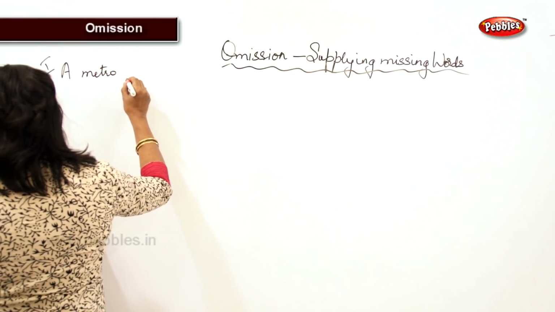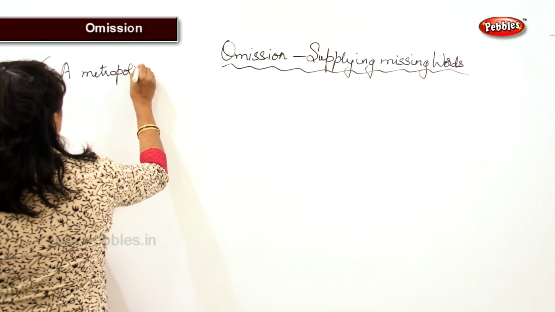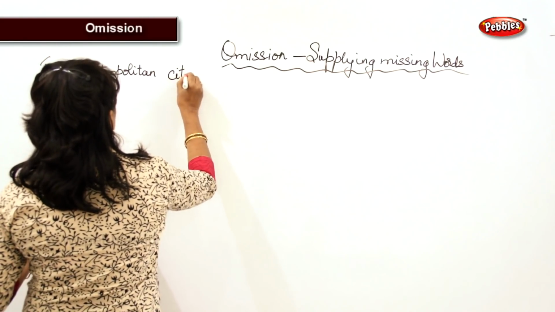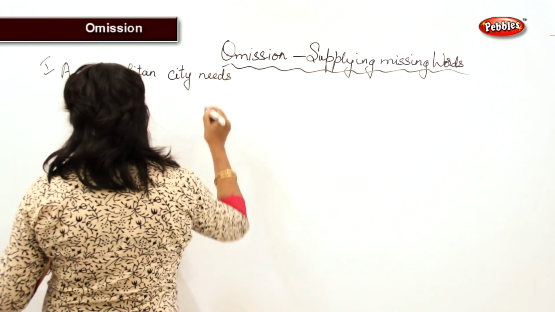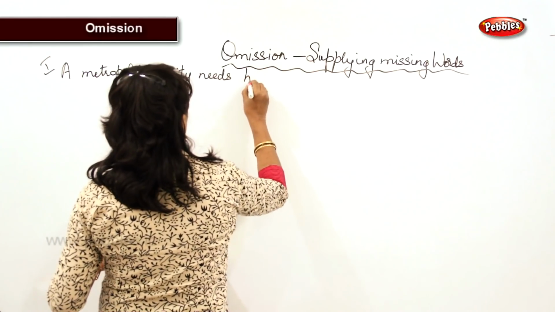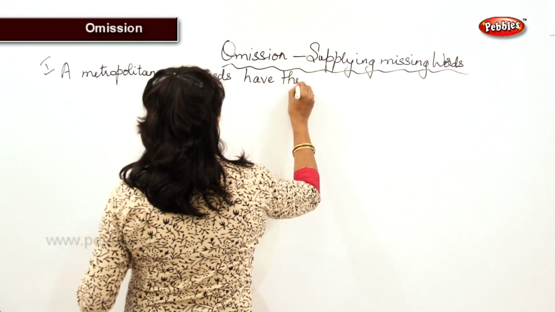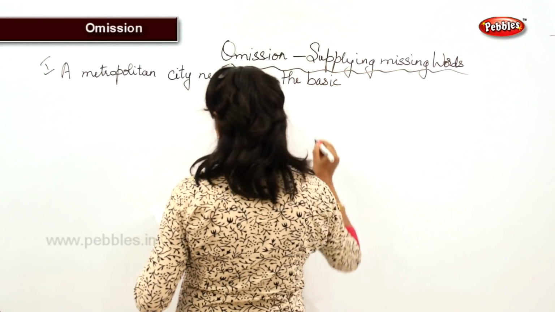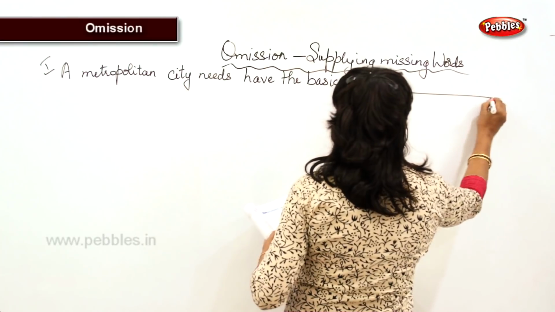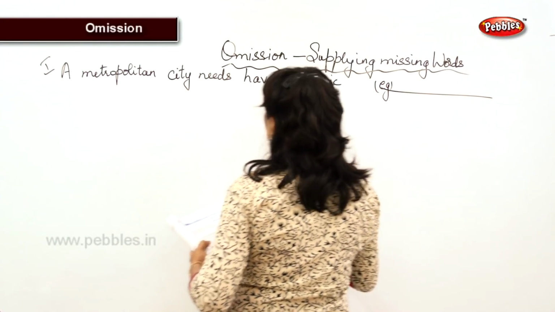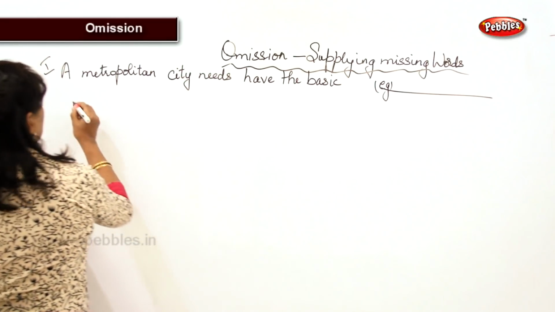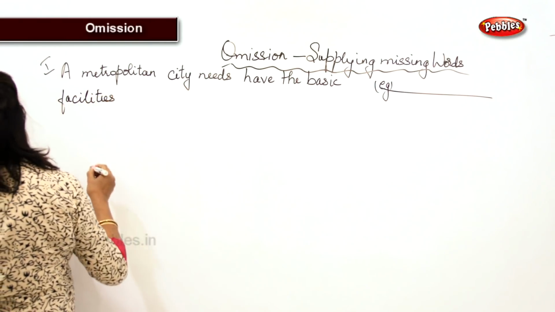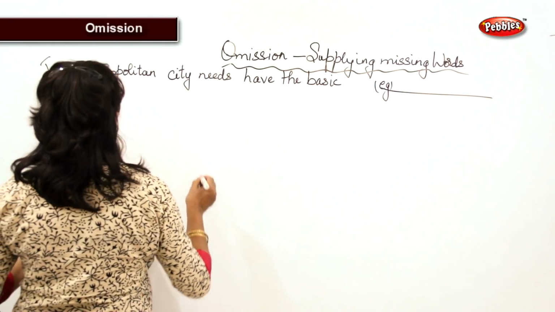A metropolitan city needs have the basic facilities include mass housing projects.